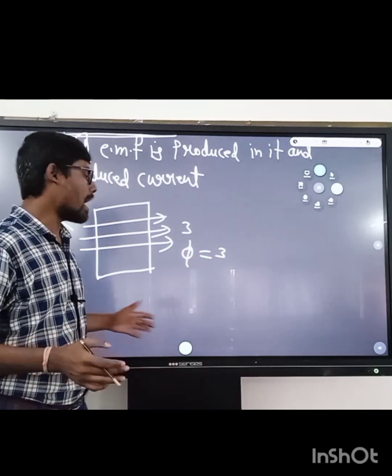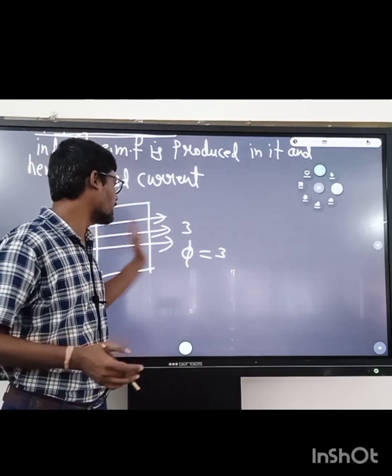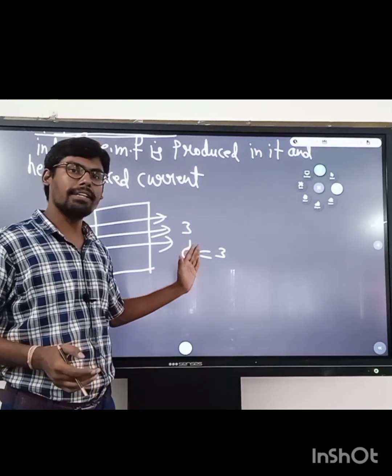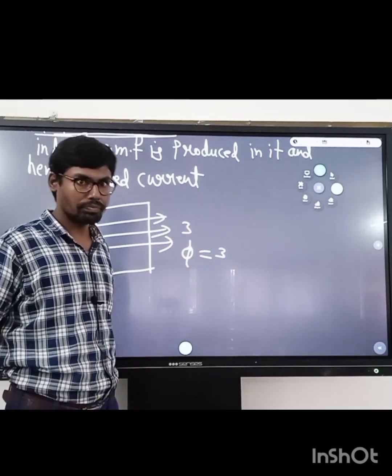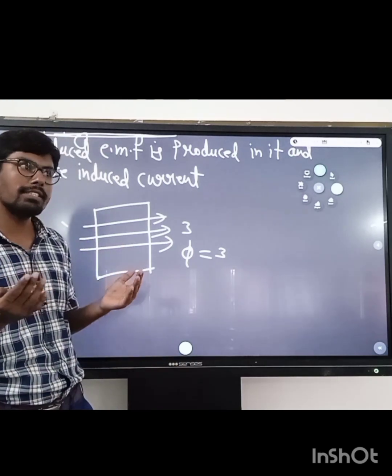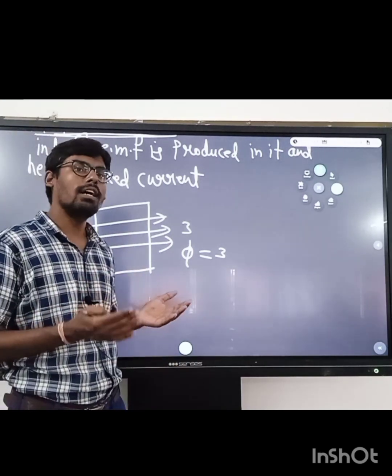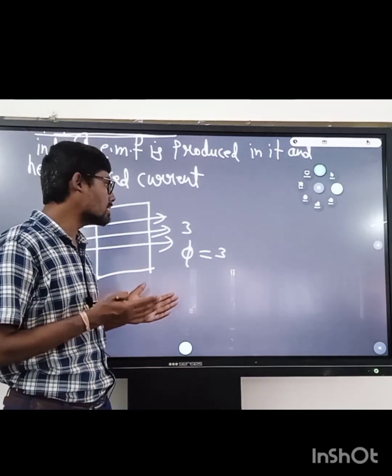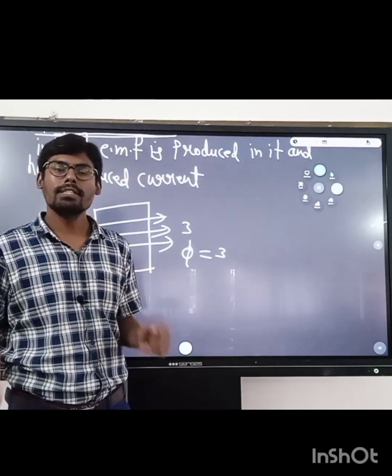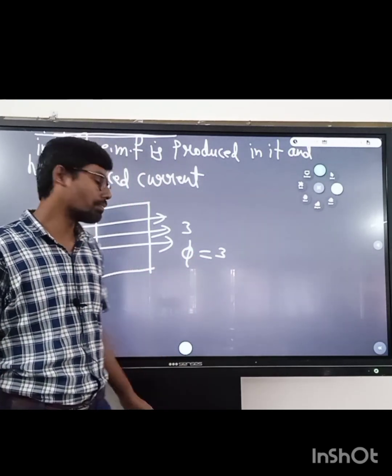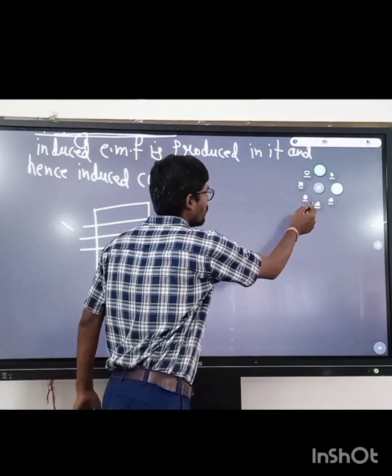If there are 5 magnetic field lines passing through it, then the magnetic flux passing through that surface will be 5. So what is magnetic flux? Magnetic flux is the number of magnetic field lines passing along the area vector, or perpendicular to the surface of the conductor.